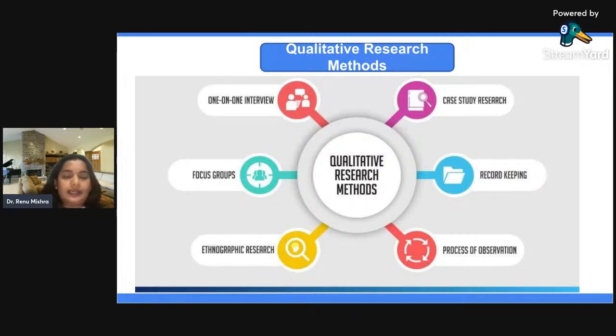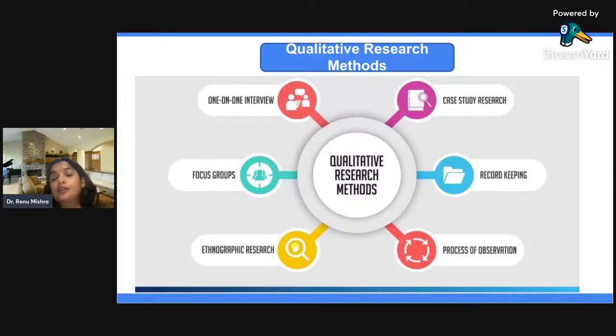For example, you collect data through a one-on-one interview, asking that individual about experiences, behavior, and details about why. Another example is ethnographic research.